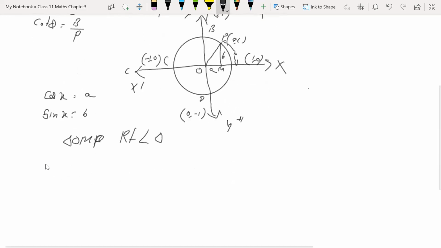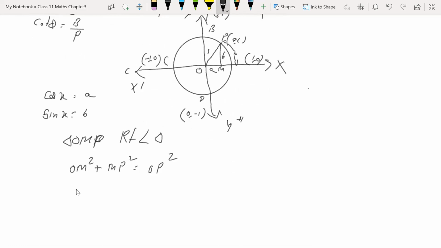According to the Pythagoras theorem, OM square plus MP square is equal to OP square. OP is 1, OM is A, MP is B, so A square plus B square is equal to 1.